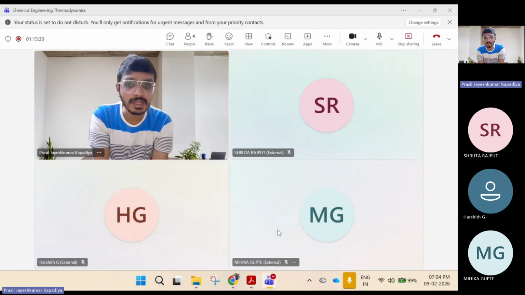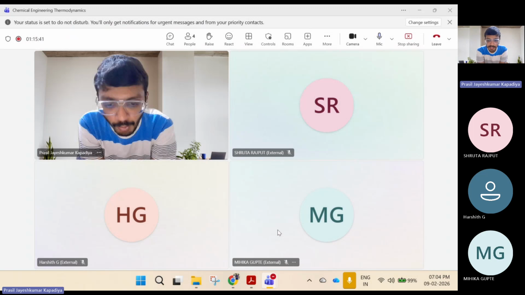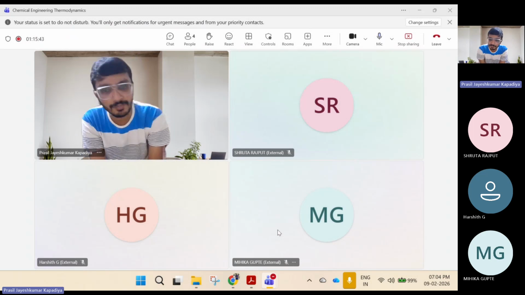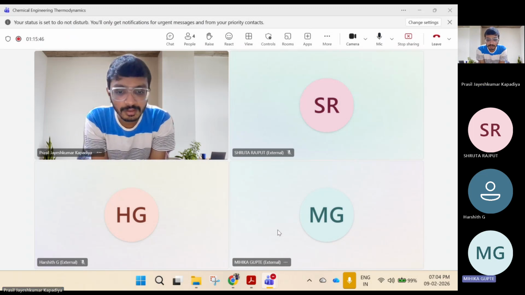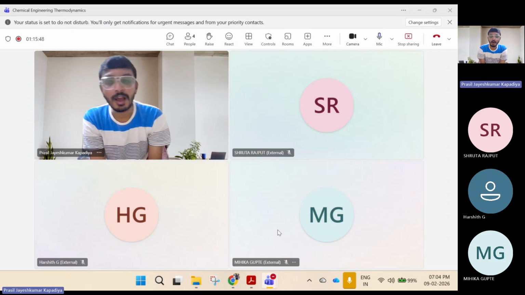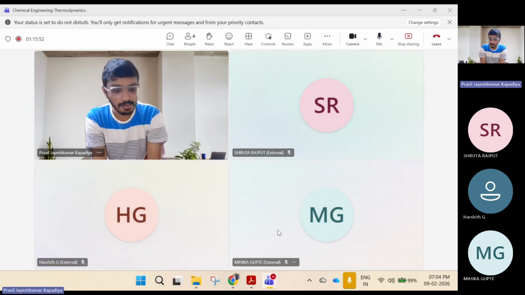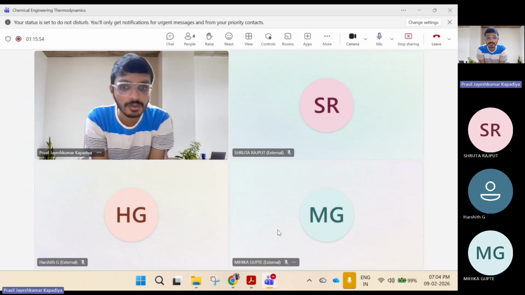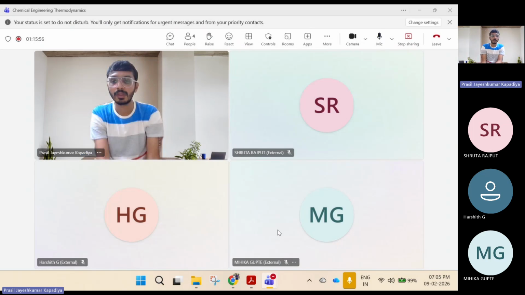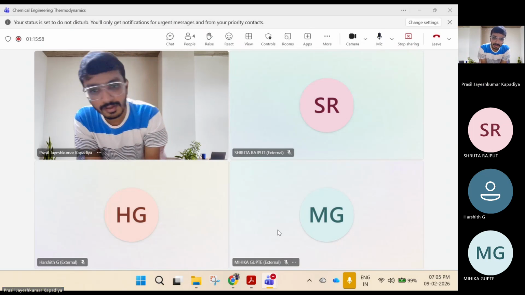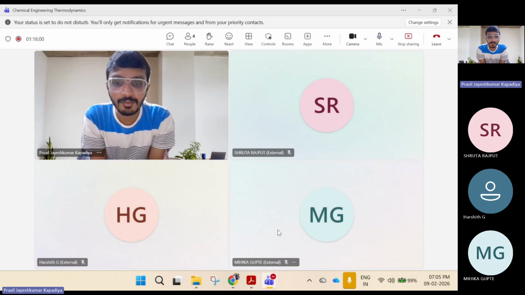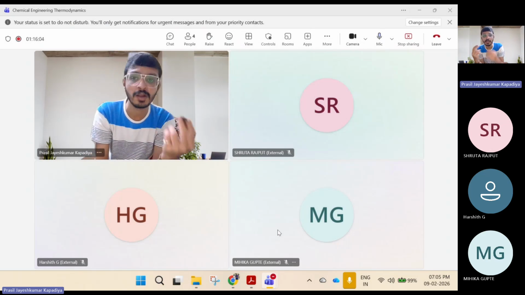Cubic equation means how many roots will I have when I am solving it? Three roots, right? But how many roots should it have in the vapor-liquid equilibrium region? We had a look at that diagram: VL, VV, and one insignificant root, that is the intermediate root.